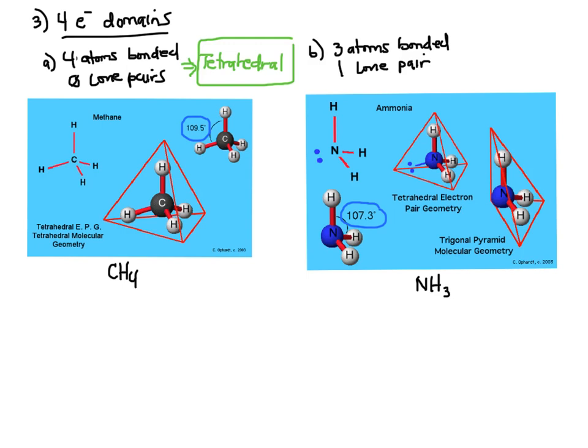The name of this shape is called trigonal pyramidal. So it looks like a little pyramid, and at the top of the pyramid you have this lone pair of electrons.